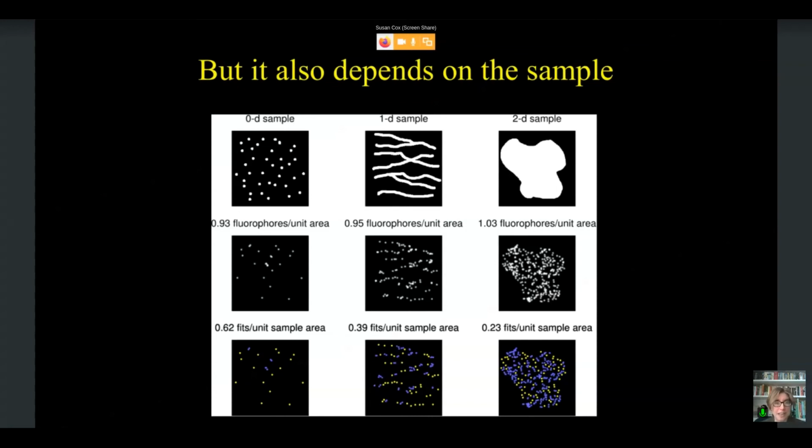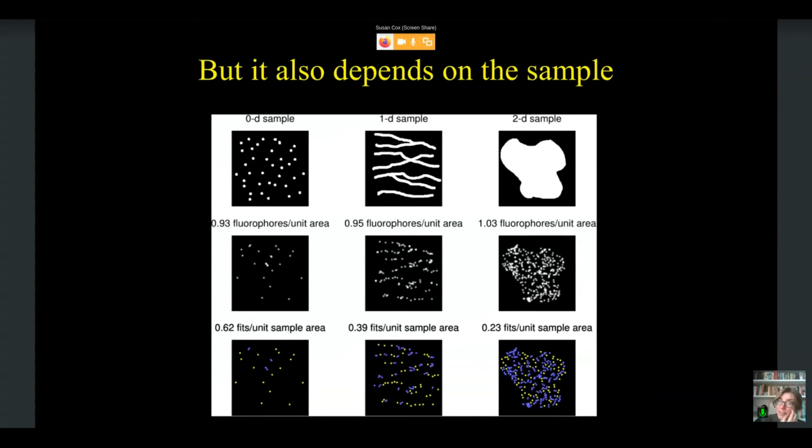So on the left, I'm showing on the bottom row in yellow the successful fits, and in blue the fits that wouldn't be likely to be successful because the fluorophores are too close together. And you can see that the number of successful fits actually goes down as we go to a 2D sample because we have so many unsuccessful fits in the 2D sample.